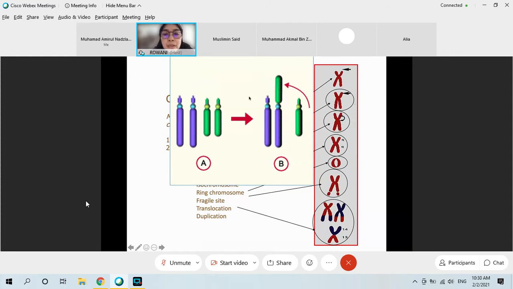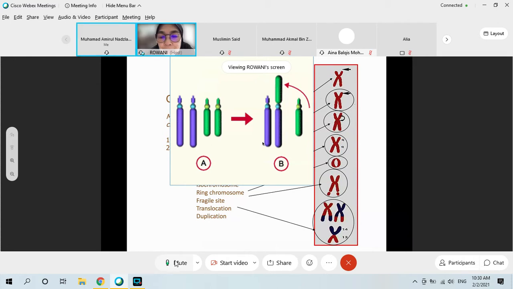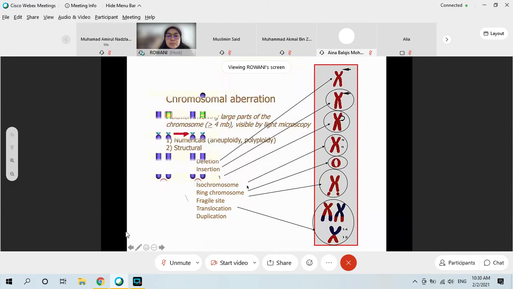So at the end of the day, you get a derivative chromosome formed by the Q arm of the green chromosome and the Q arm of the purple chromosome. And at the end of the day, how many chromosomes would there be in total? Because of this, there would be only 45 chromosomes, right? Instead of 46.